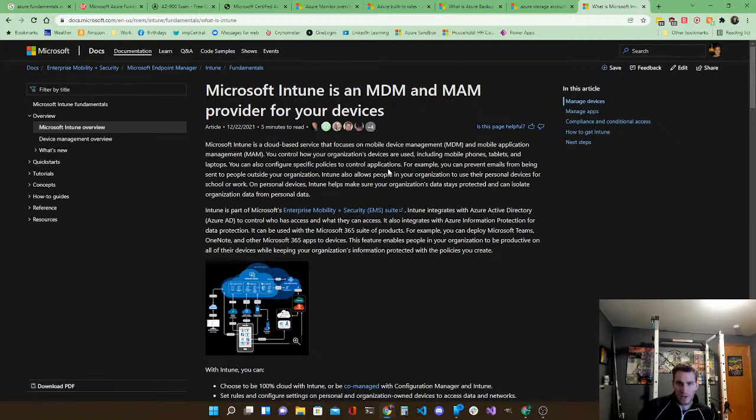Configure specific policies to control applications, emails from being sent to people outside your Intune. I don't know, man. Microsoft Enterprise Mobility Security Suite kind of maybe even sounds like some infrastructure stuff.